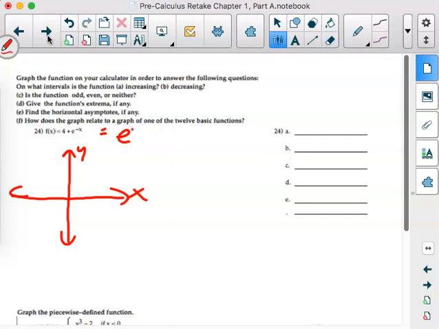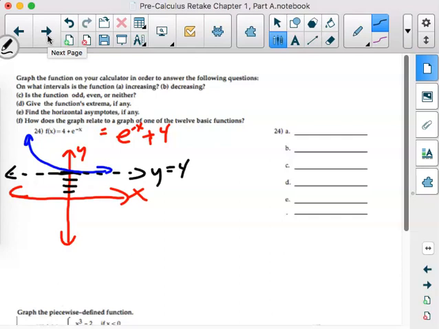There's a negative in front of the x, so that would mean that this has been reflected over the y-axis. And we've got a +4, which means it's been translated up 4 units. So it's going to look something like that, with our translating up 4 units being our asymptote here.